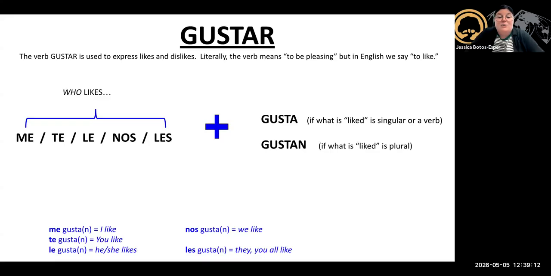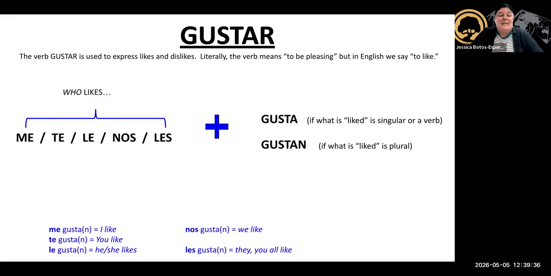So you're going to choose me, te, le, nos, os, or les to represent who likes something. And then you're going to choose gusta if what is liked is singular or a verb, or gustan if what is liked is plural.